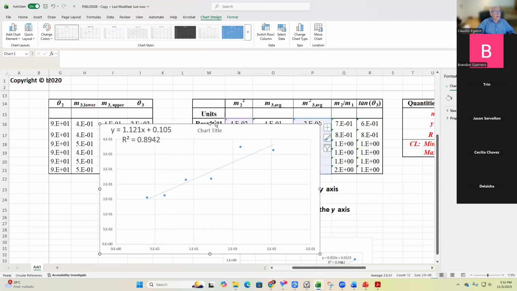That's the equation I'm getting. Yeah, I think I did it wrong because I'm getting two different things.